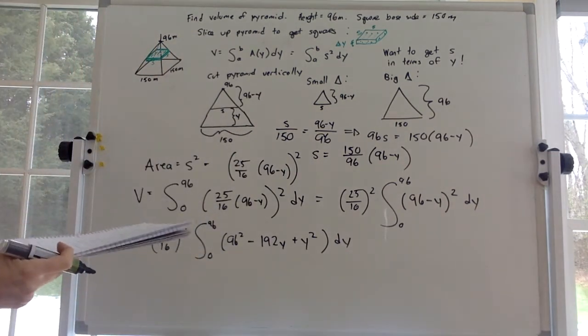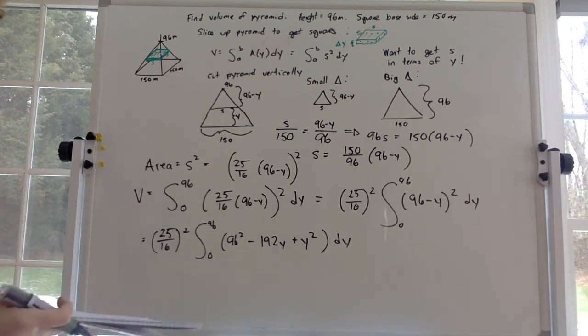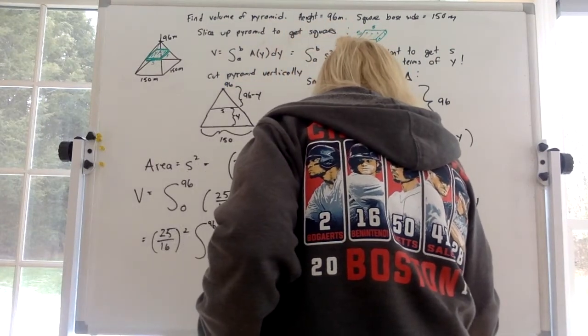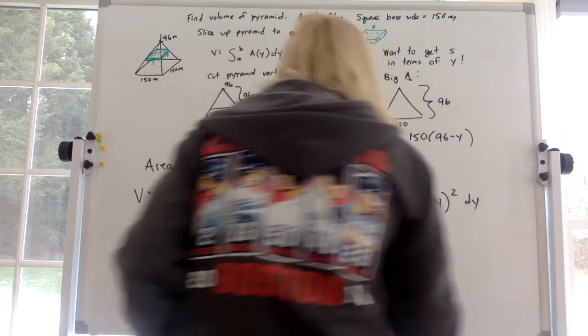Then I did my antiderivatives. I still have the 25 over 16 squared in front.